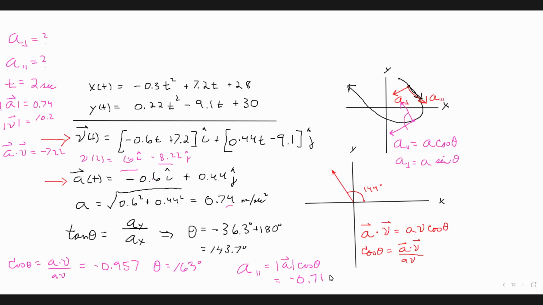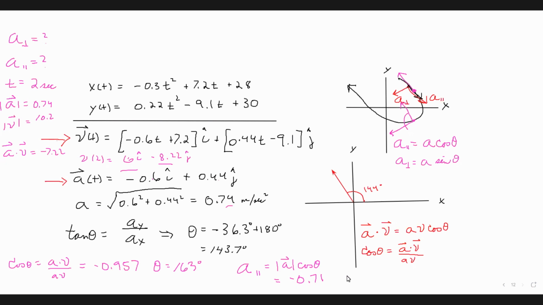Okay, what does the minus sign signify? It signifies that the parallel component of A is actually in the opposite direction of the motion. So at t equals 2 seconds, we're up here somewhere, and the parallel component of A must be acting like that. Look at that arrow. That looks about right, doesn't it?